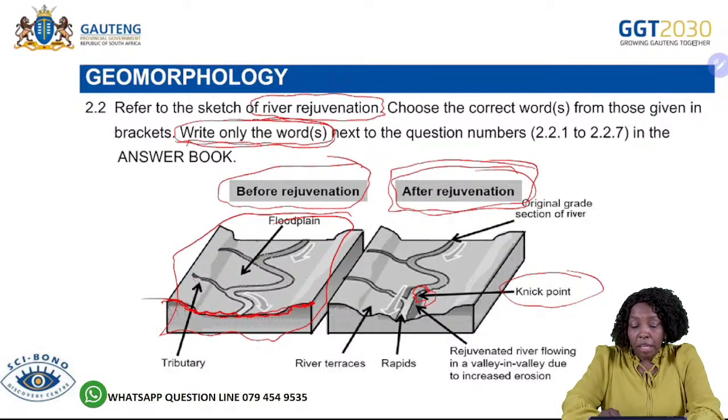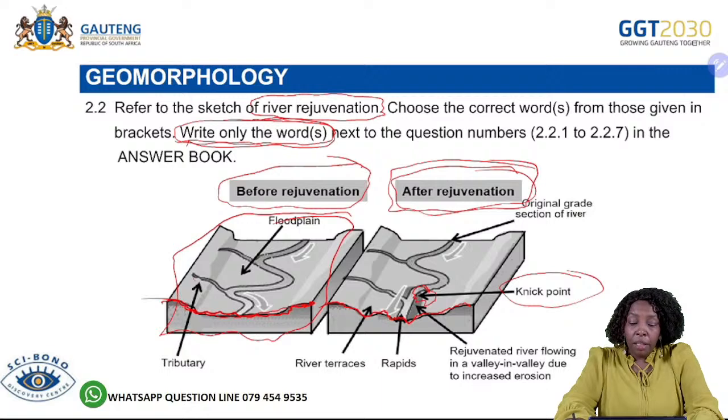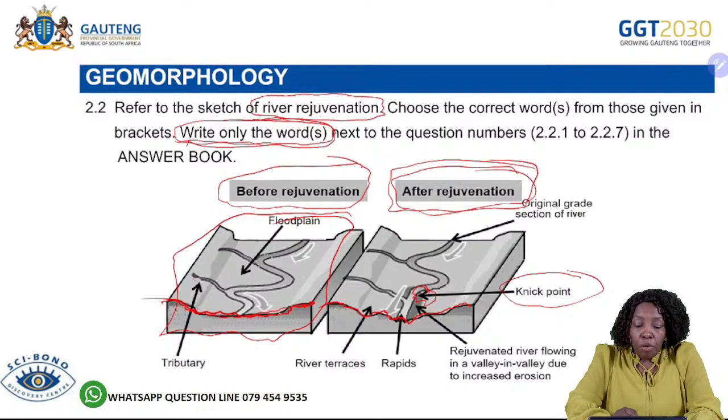Then you would see the change of the features that I will later emphasize here, okay? And then we've got the rejuvenated river flowing in a valley. So now, here we only had one specific wide valley.